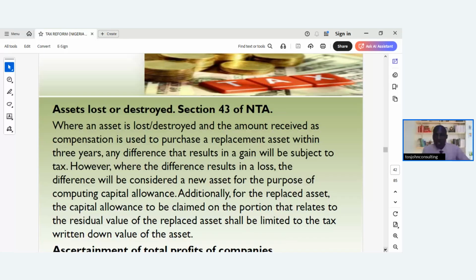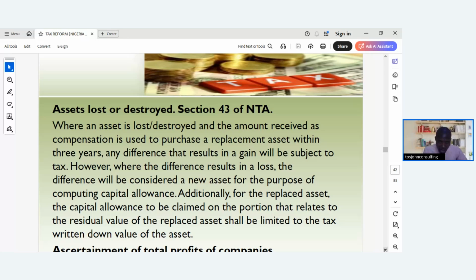So asset loss or destroy, section 43 of NTA. What is the implication? Where an asset is lost or destroyed and the amount received as compensation is used to purchase a replacement asset within 3 years, any difference that results in a gain will be subject to tax.